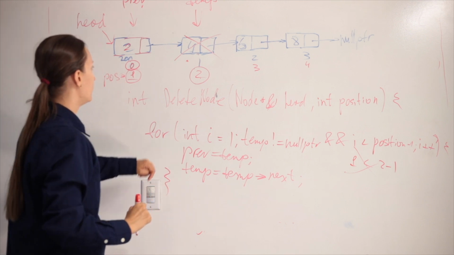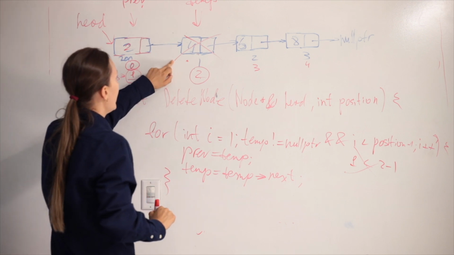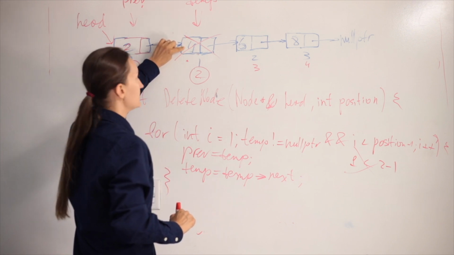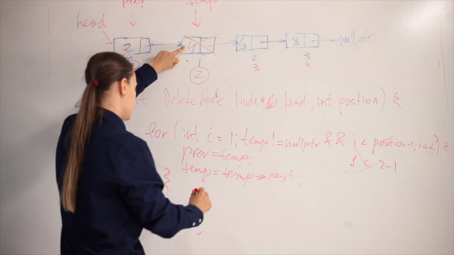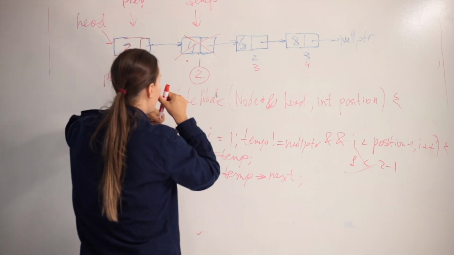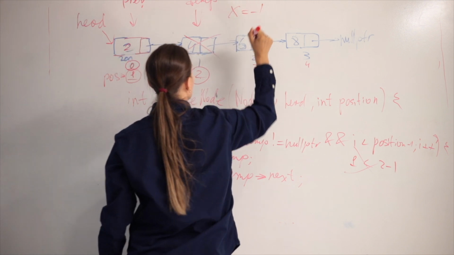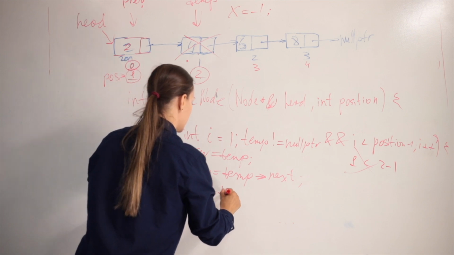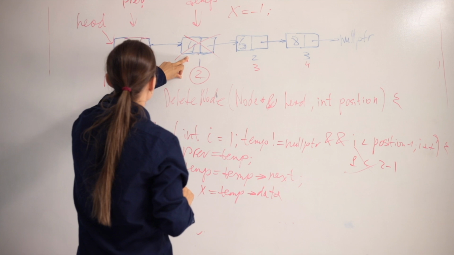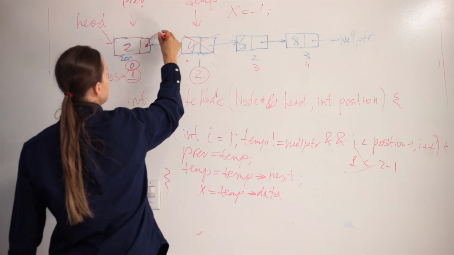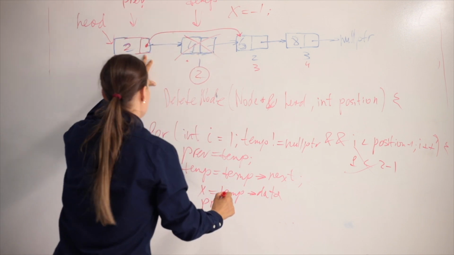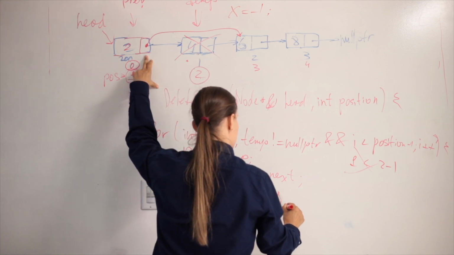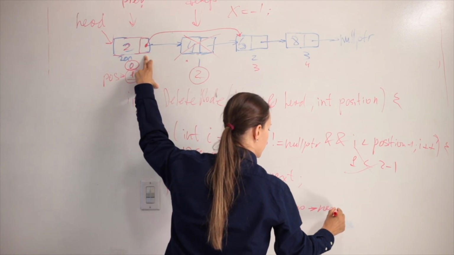We're going out of the for loop, and now we have to save the value that temp data has into our variable x. Remember, we have our additional variable. So x equals temp's data, and we have to relink previous next to temp's next. Prev next equals temp next.